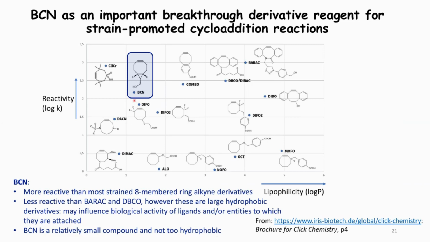But still, we thought that BCN is not reactive enough. It has to be more. We needed a compound which comes closer in terms of reactivity to the copper-catalyzed azide alkyne cycloaddition. That led to the development of TMTH-SI and derivatives for strain-promoted azide alkyne cycloaddition reactions.